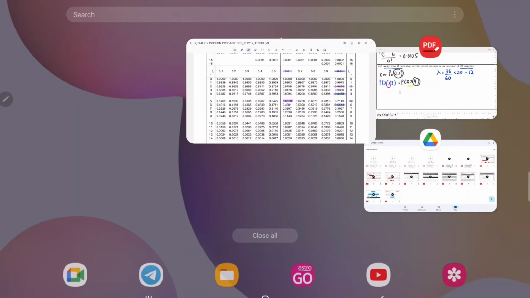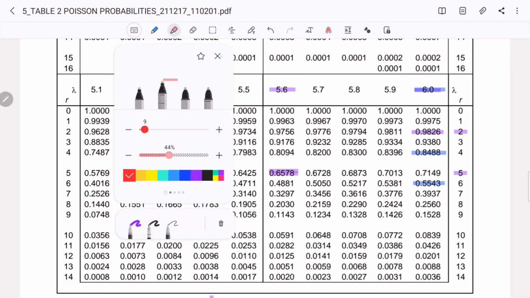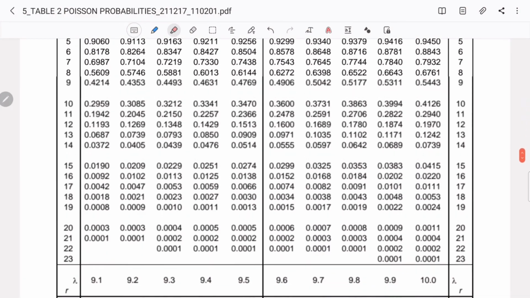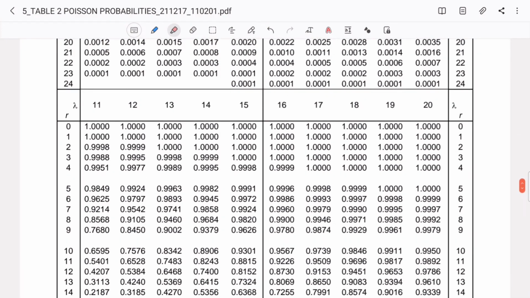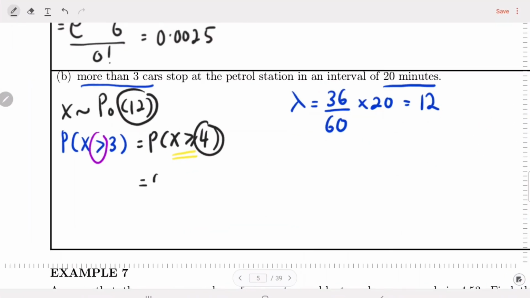Here r is 4, so the probability is 0.9977.